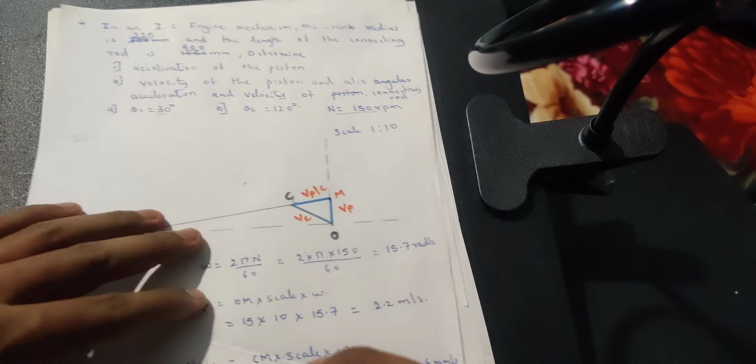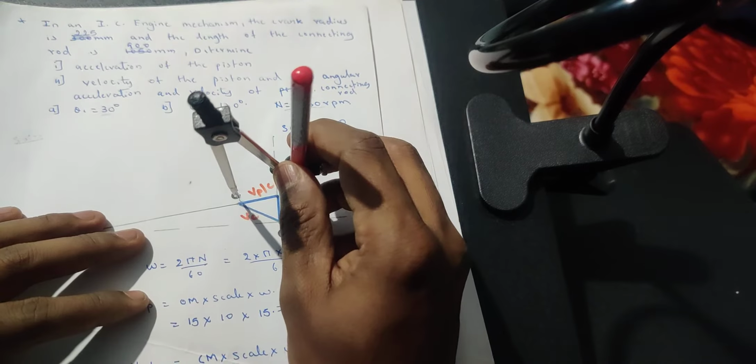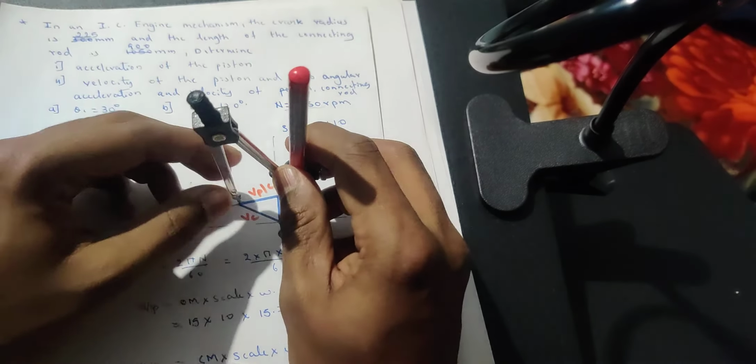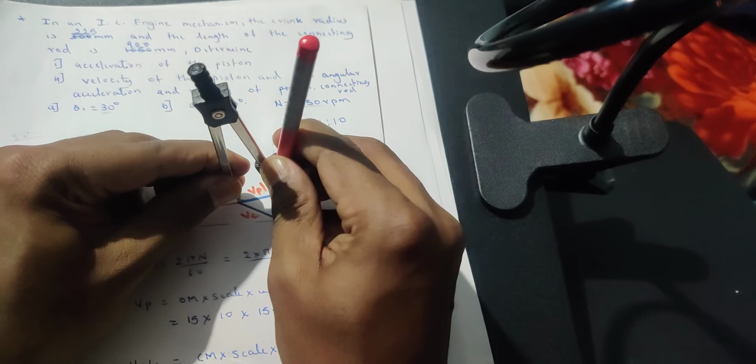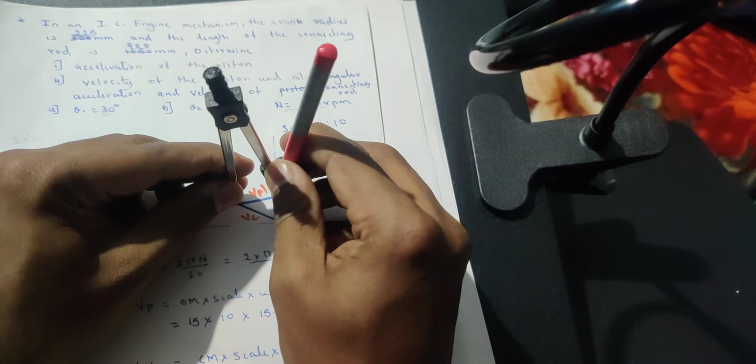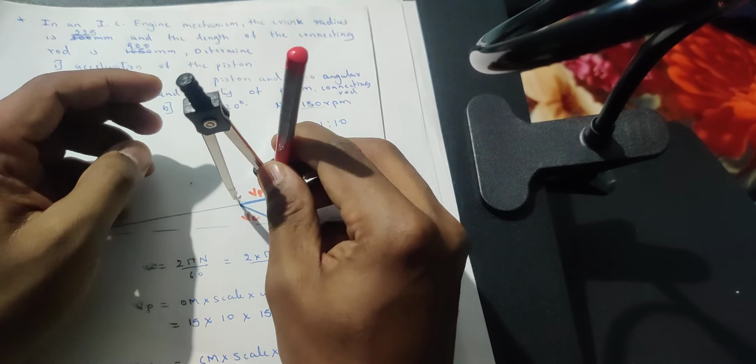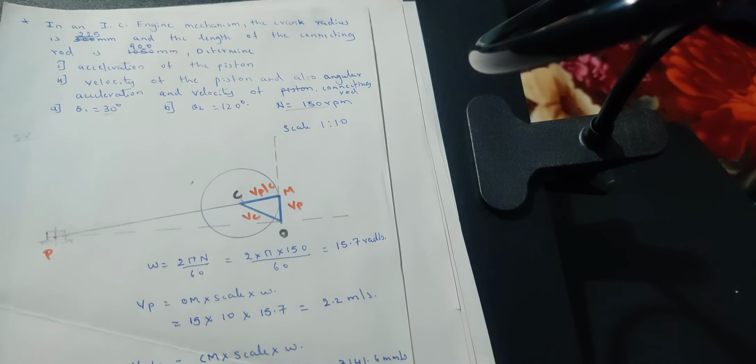We'll take C as a center and CM as a radius, and we'll draw a circle like this. So C as a center and CM as a radius, we'll be drawing a circle.